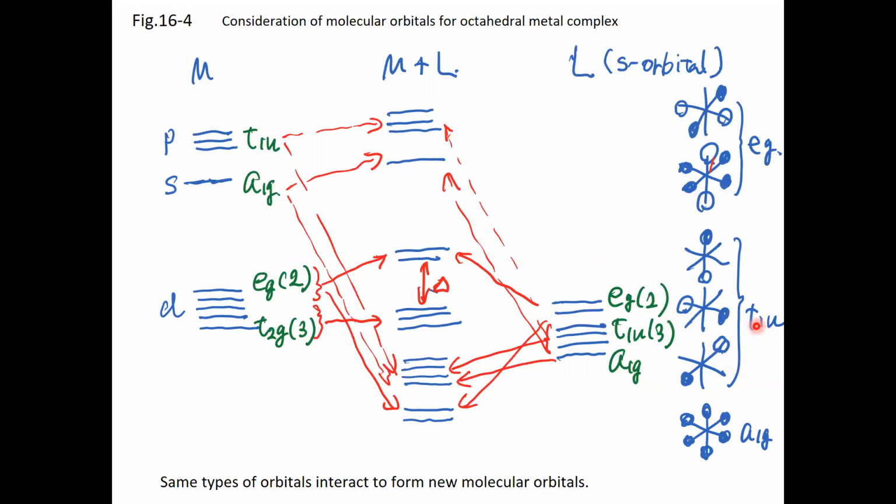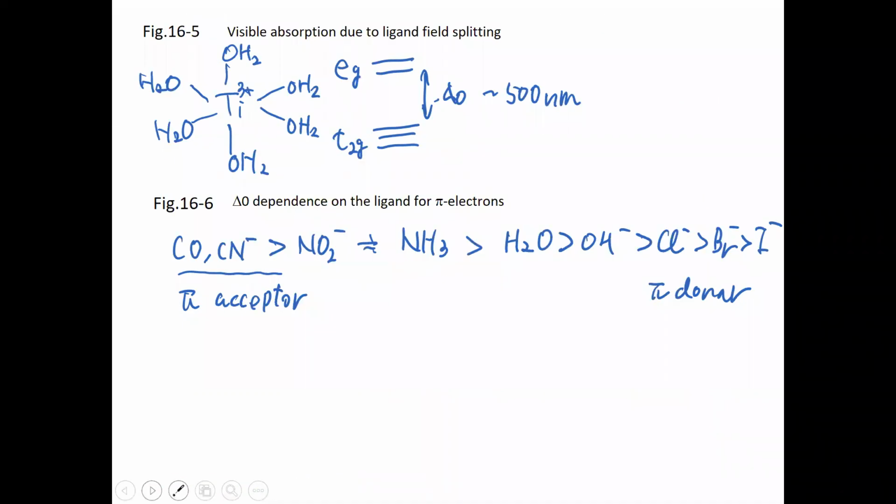So this categorization depends on which molecular orbital is used, and also the structure. This one is octahedral, but in a square or some other symmetry case, you obtain a different type of molecular orbital. So it's complicated, meaning there are many varieties of molecules.